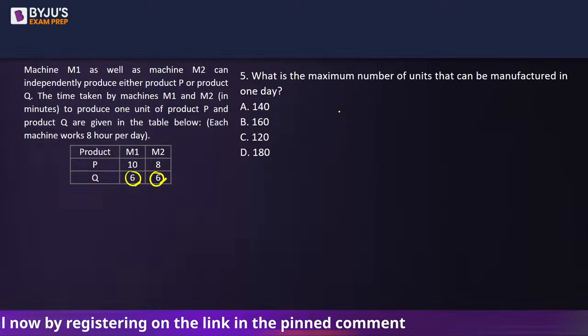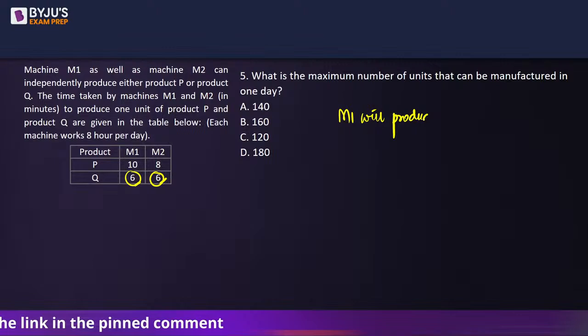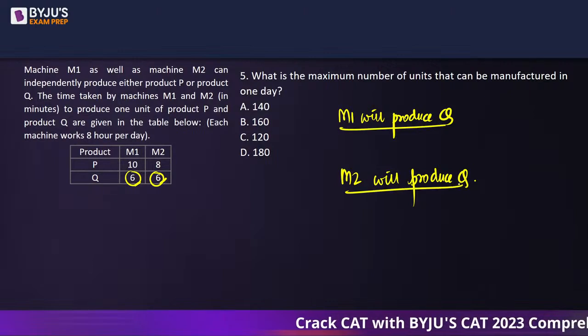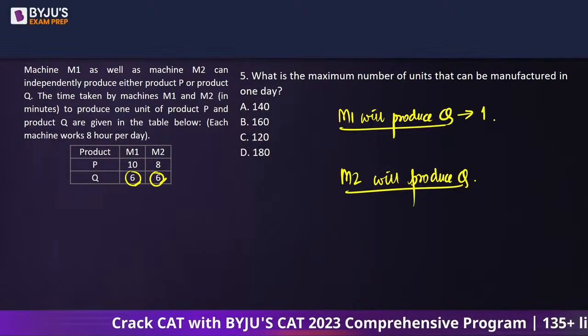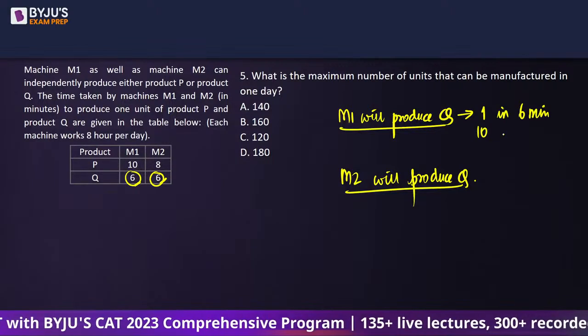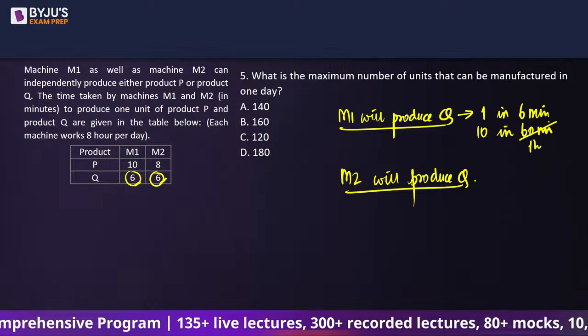So हम क्या करेंगे? M1 will produce product Q, and M2 will also produce Q. ऐसा तो जरूरी नहीं है कि P and Q both should be produced. They both are going to produce Q. Why? Because Q जल्दी बनता है दोनों machines से. So Q produces 1 unit in 6 minutes, so 10 units in 60 minutes, which is 1 hour.